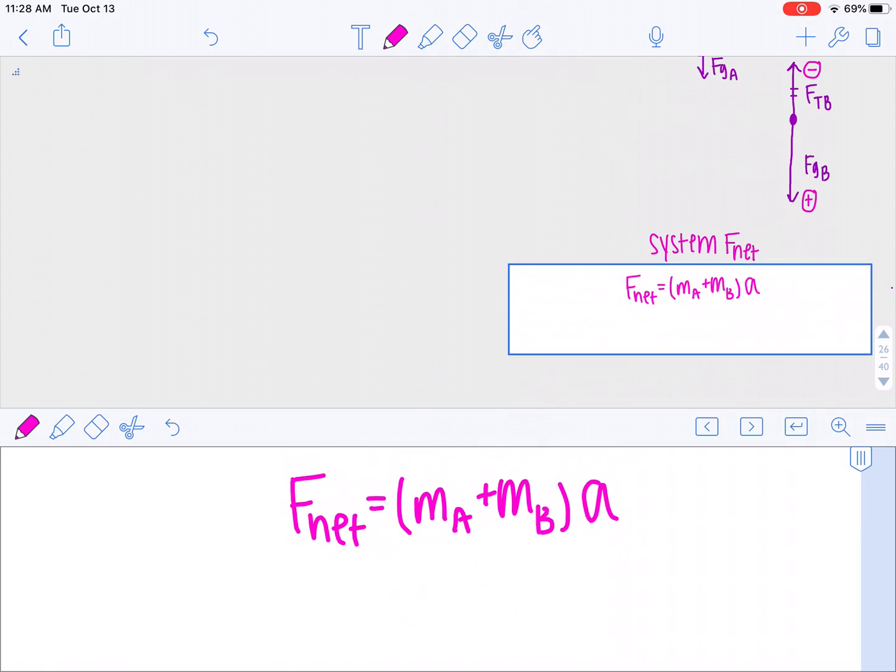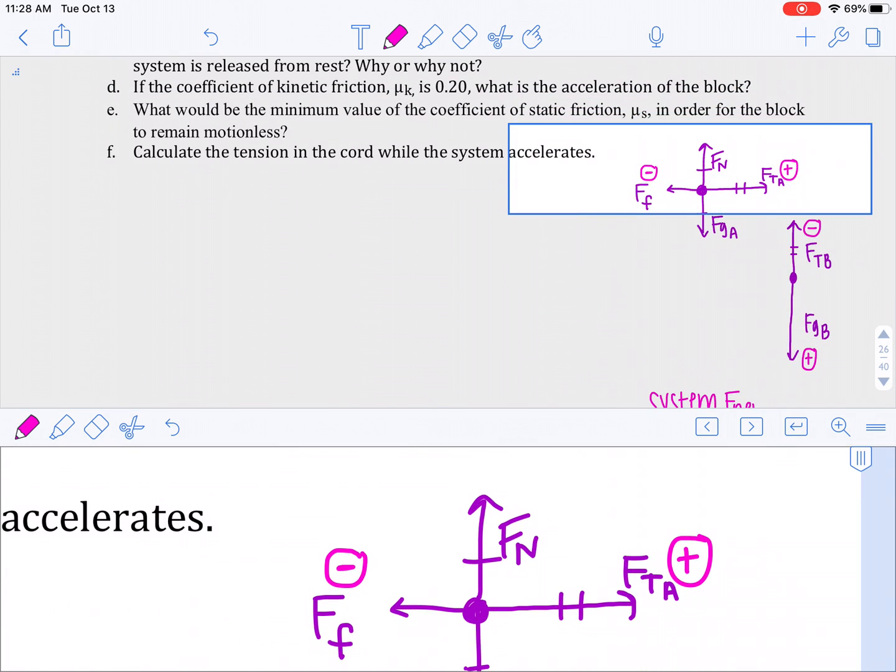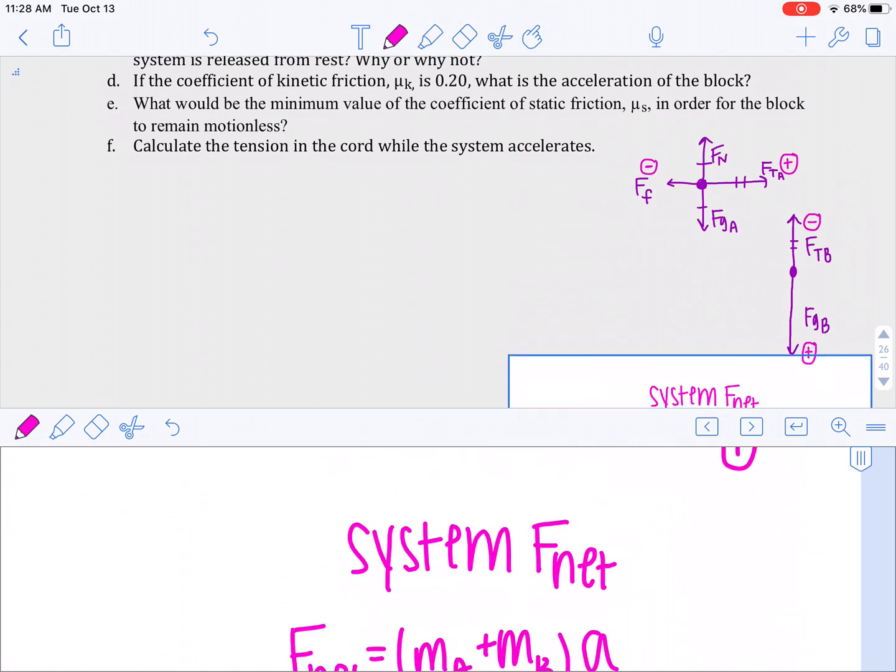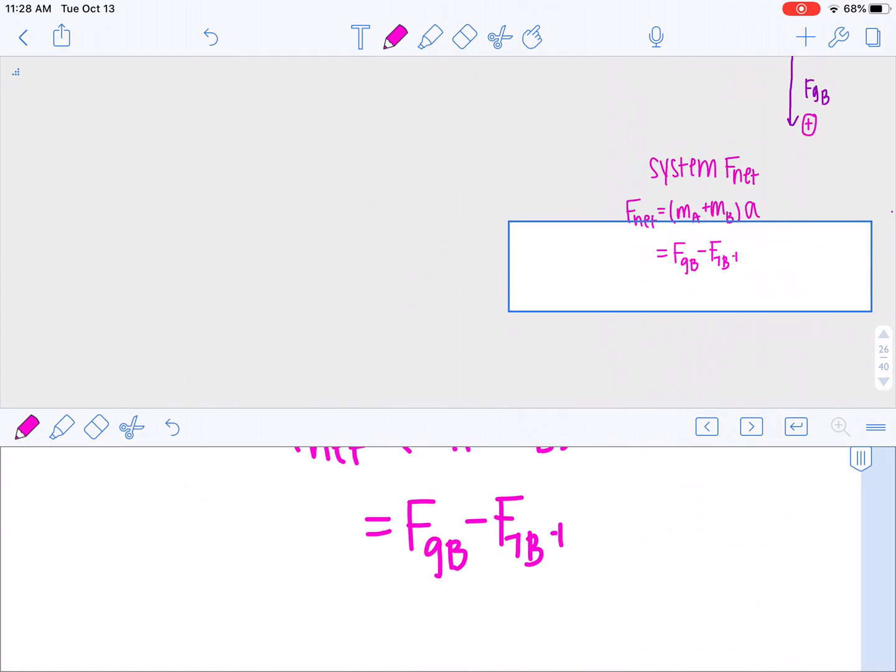The forces causing that FNet would be FGB minus FTB, and if I combine those with the forces accelerating object A, that would be a positive FTA minus our force of friction on A.